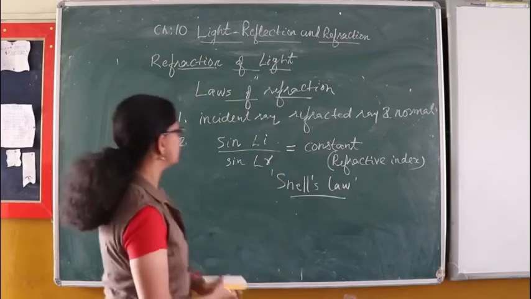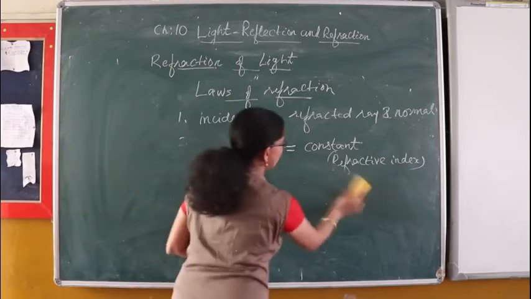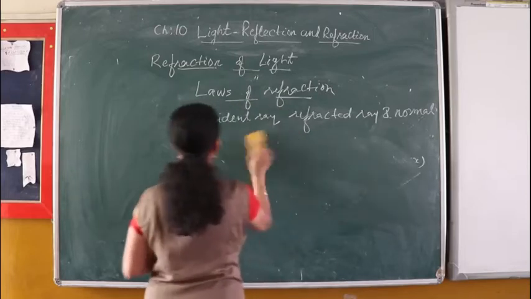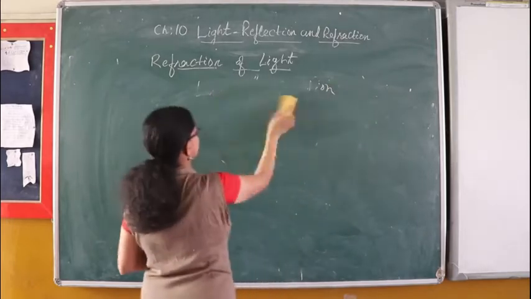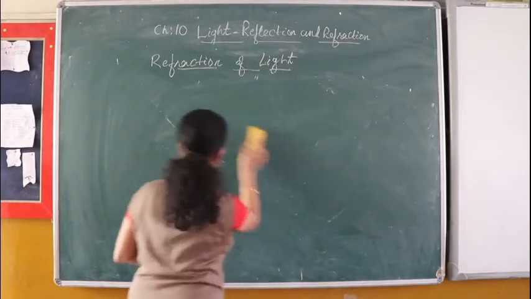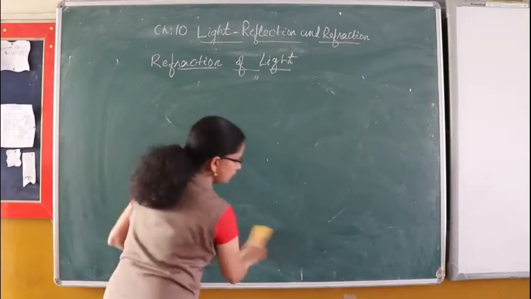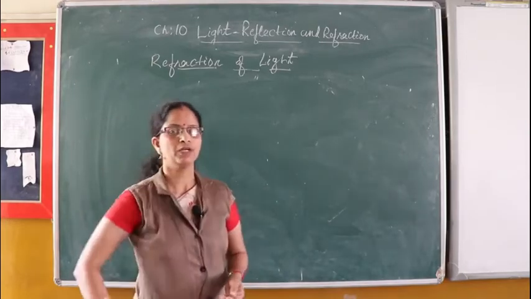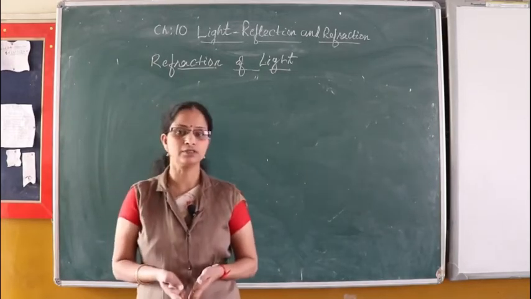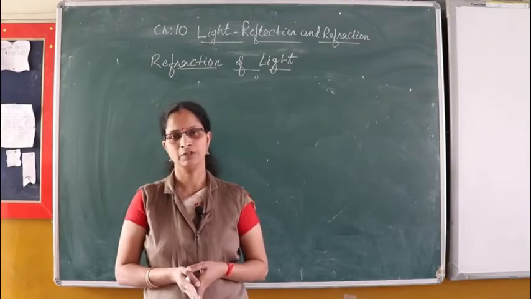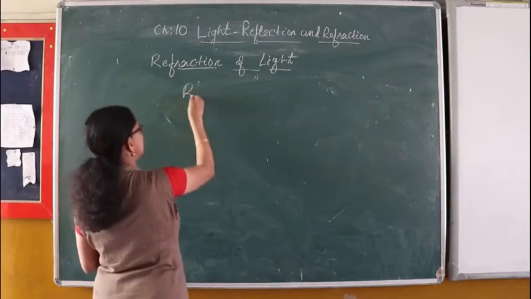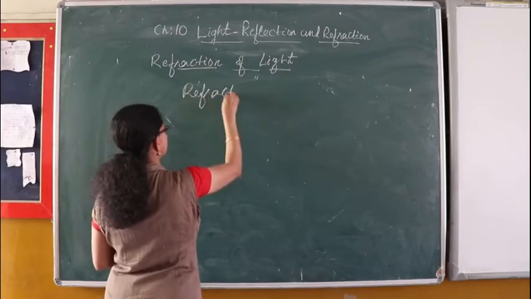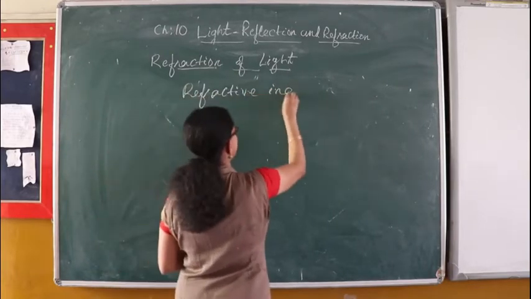Now, for white light, when it enters obliquely from one medium to another transparent medium, we know refraction takes place. And how much is the extent of this deviation of the path? That can be understood by the term refractive index.